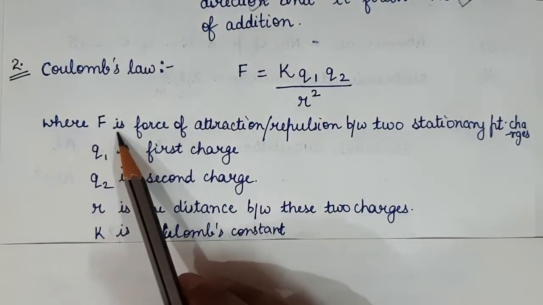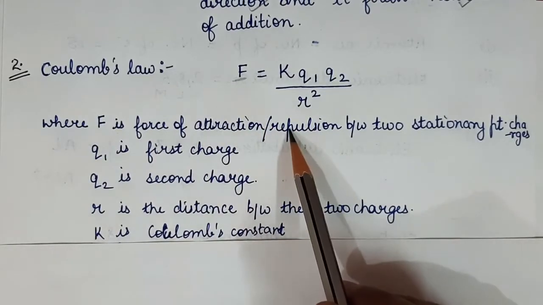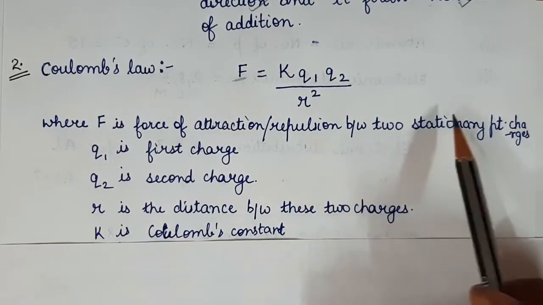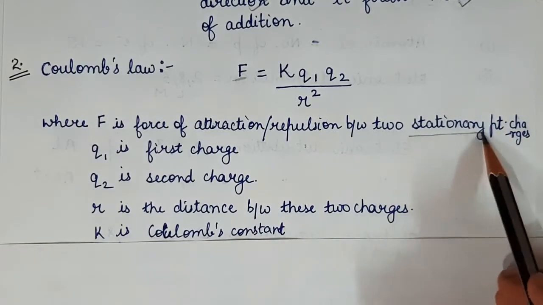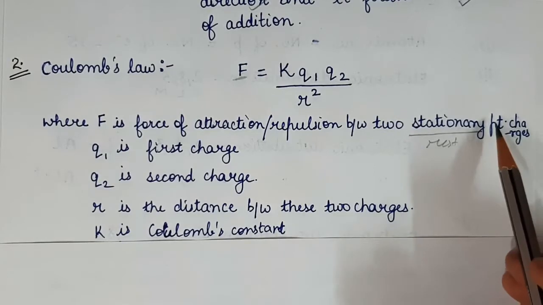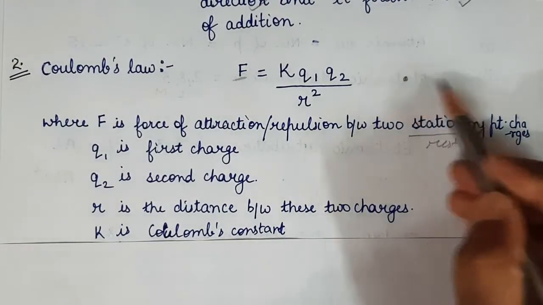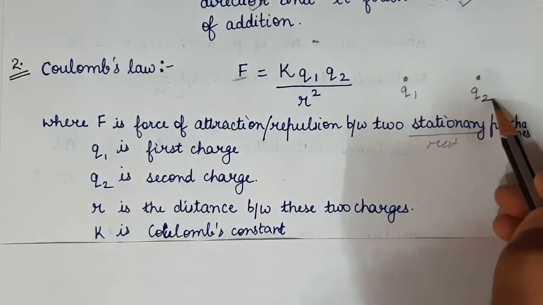where F is force of attraction or repulsion between the two stationary point charges. Stationary means rest. Suppose these are the 2 point charges Q1 and Q2.